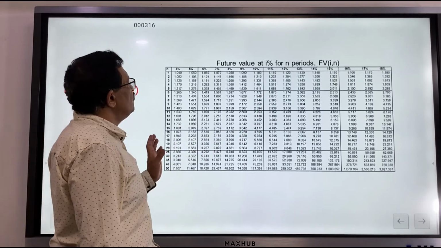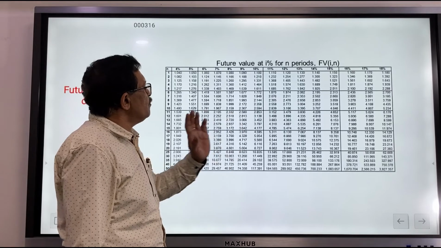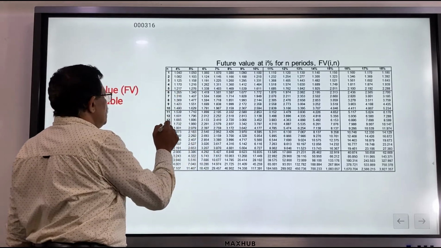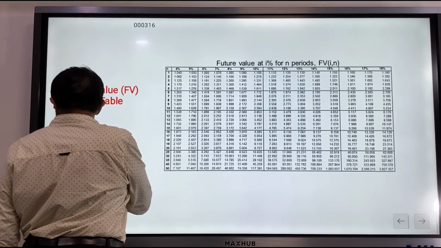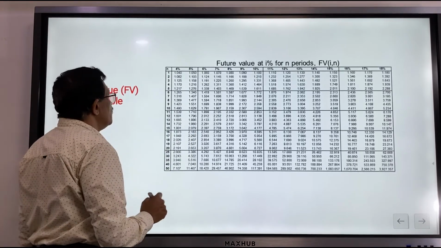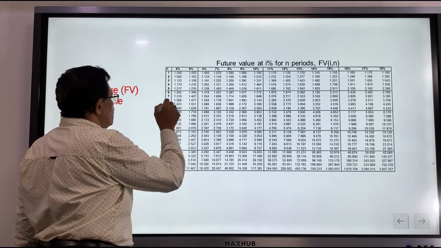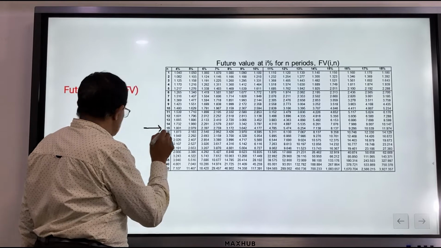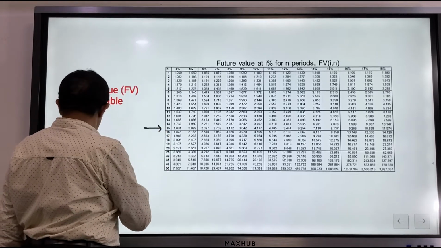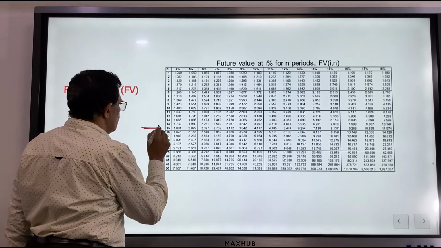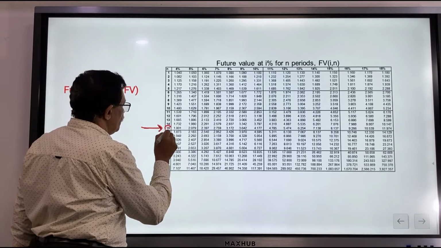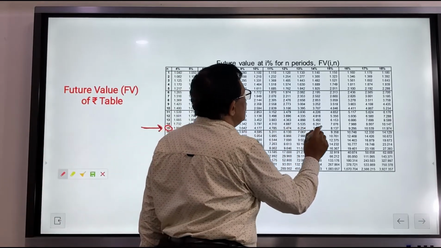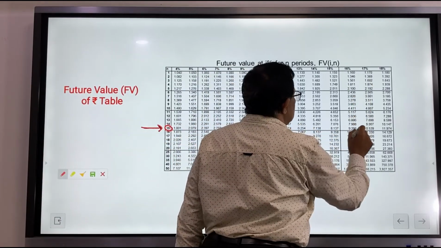His investment is at 17% for 15 years. So let us look at this column. Here is 15. Go horizontally until 17% is there. Look at this 17% column.